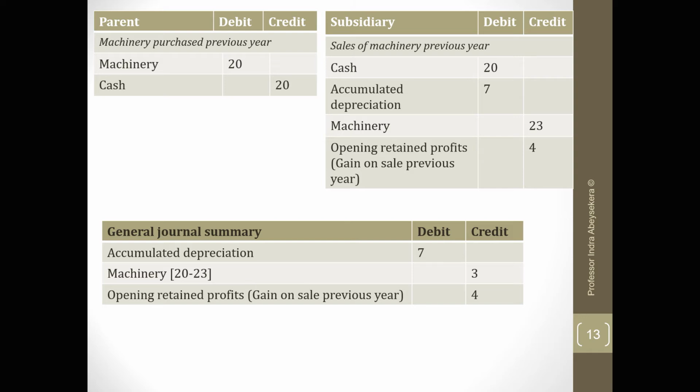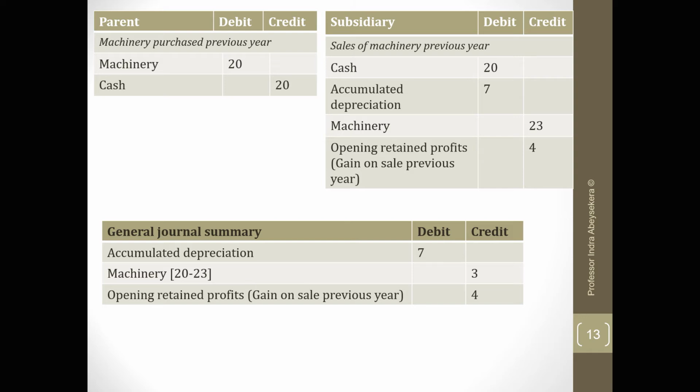We are in the current period, so we credit opening retained profits. When we combine the two journal entries, we come up with debit accumulated depreciation 7, credit machinery 3, and credit for the gain on sale of asset in previous year, credit opening retained profit 4. So this is the journal entry we need to eliminate in consolidated financial statements.